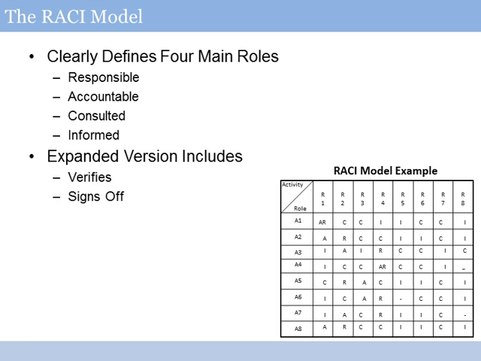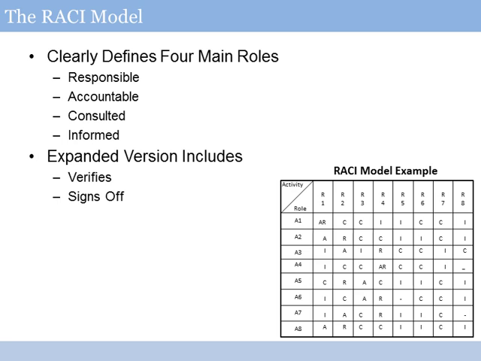An accountable resource is ultimately accountable for the outcome of that particular activity. They may also be doing direct oversight responsibility, in which case they may also be an R, but in many cases the accountable resource is a higher level manager who is ultimately accountable for making sure that those activities can be carried out, but may not in fact have day-to-day oversight responsibility of the particular activity in question.